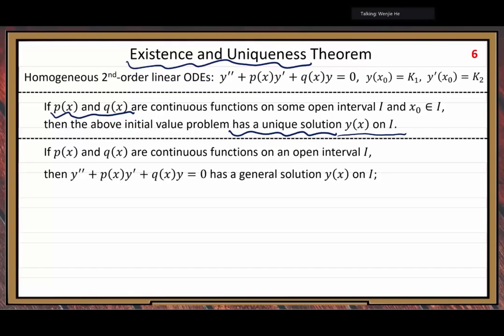Now we want to look at the general solution on this interval, and every solution. So here we try to do more.